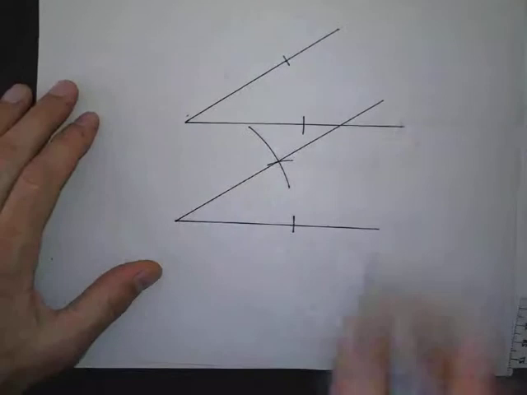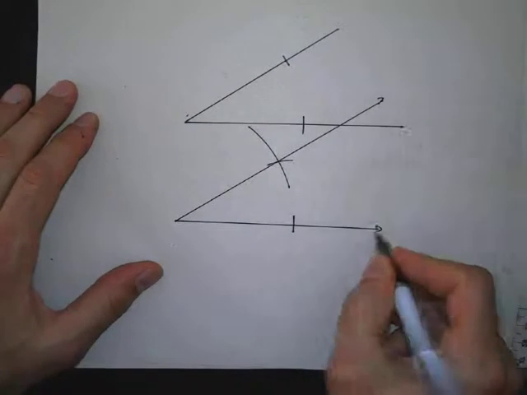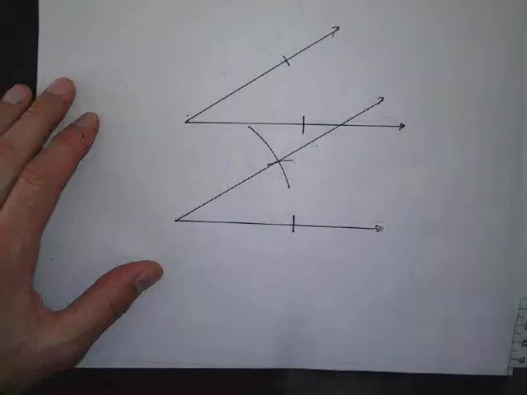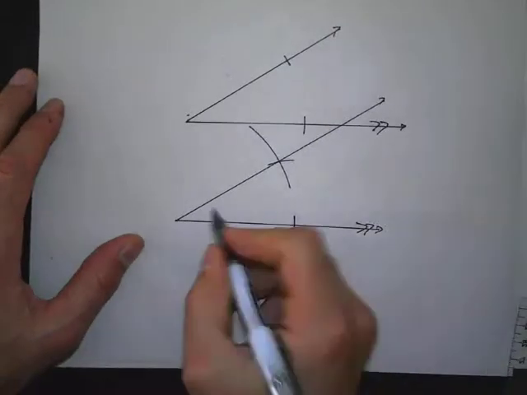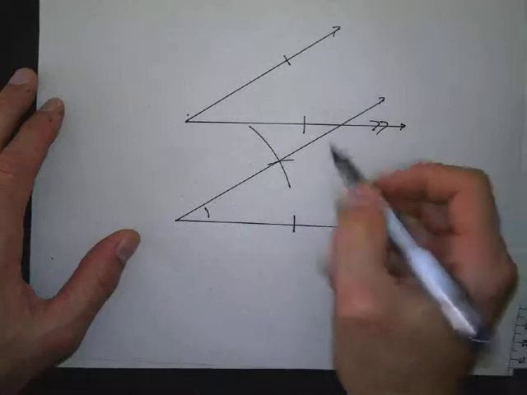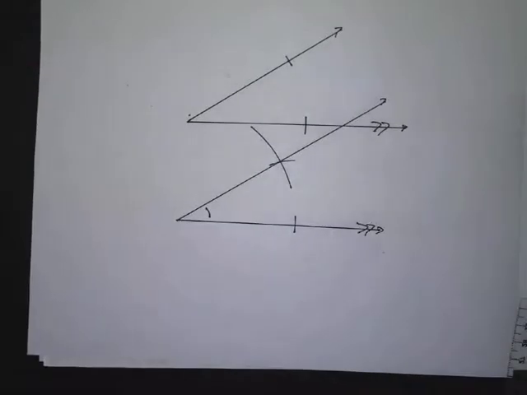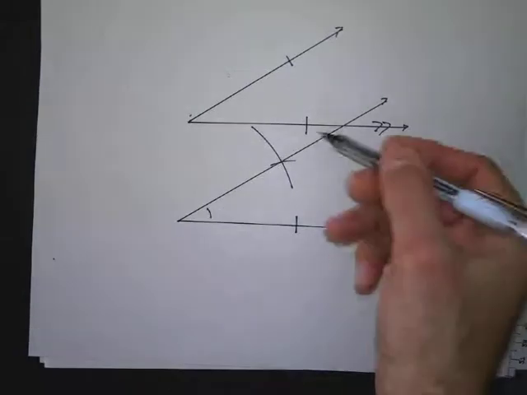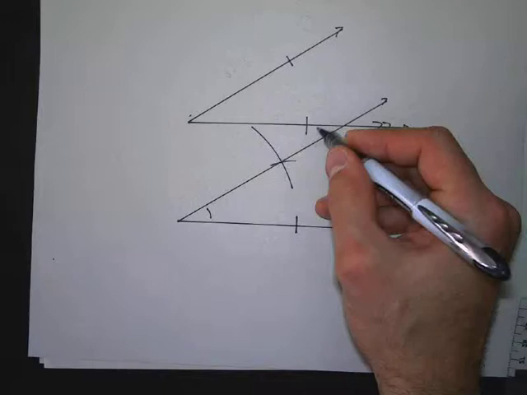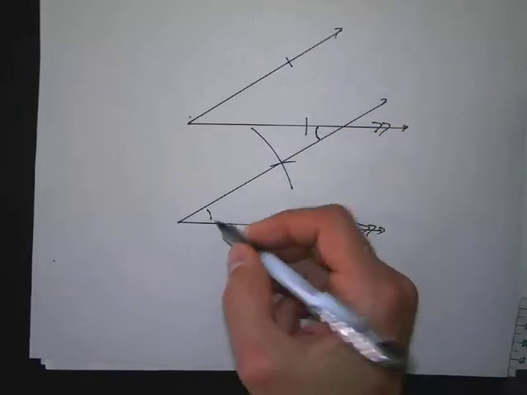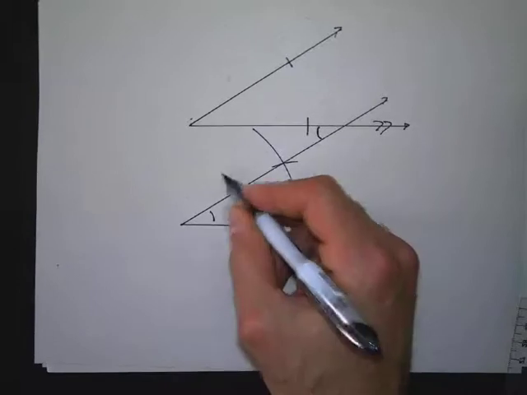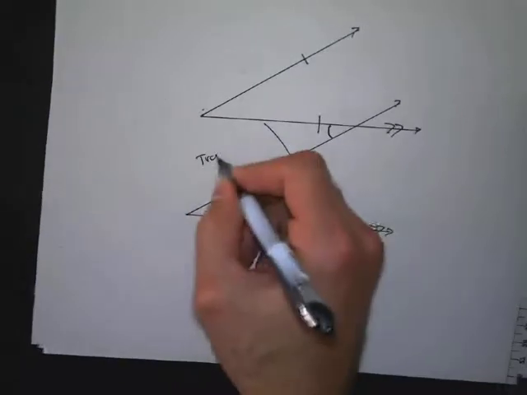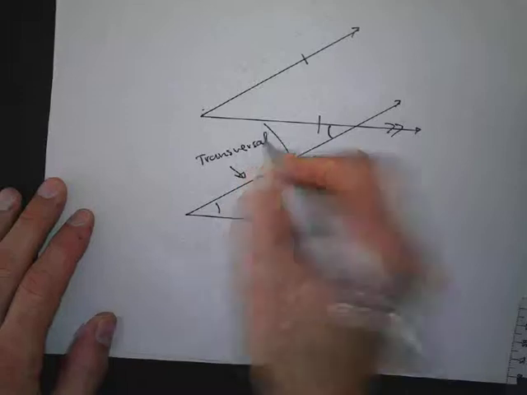Now the real question would be if those two lines are parallel, would that angle be the same as the other two? So if this was parallel to that, would this angle be congruent to what? This one? Or any of them. Well, what do you think? What are these two angles called? This is a transversal. Exterior angles?